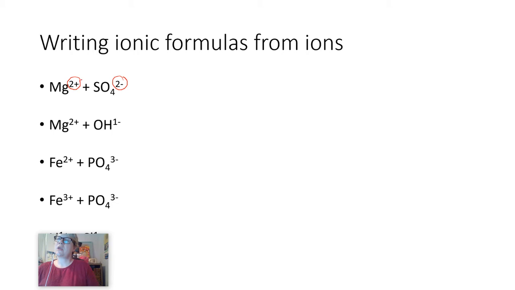What we want the charges to equal out to is 0 total. So when we're writing an ionic formula, we are looking at the simplest ratio of the two ions that will get it to a charge of 0. You can look at this mathematically, you can do the crisscross method, whatever you want to do. And I'll show you all of those so that you have all of those techniques at your disposal.